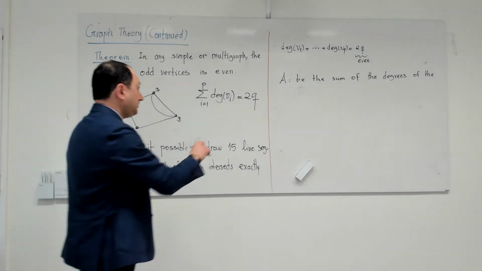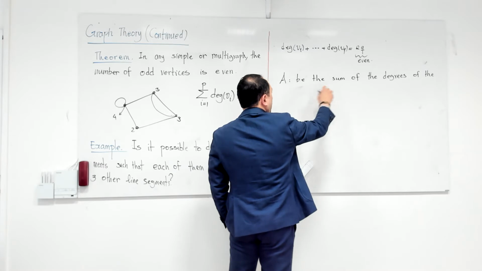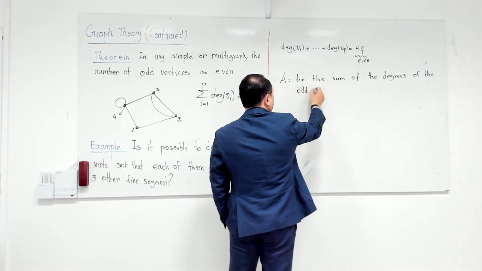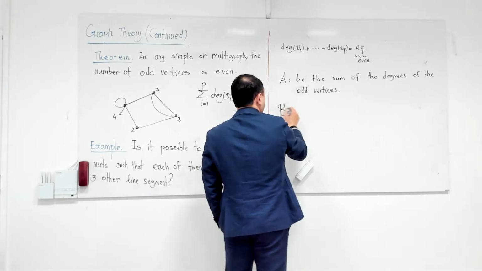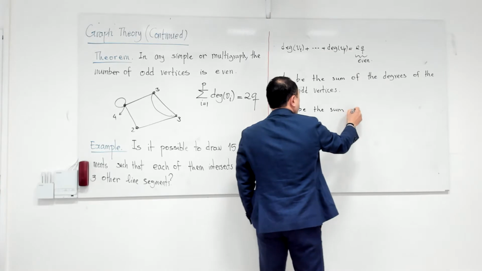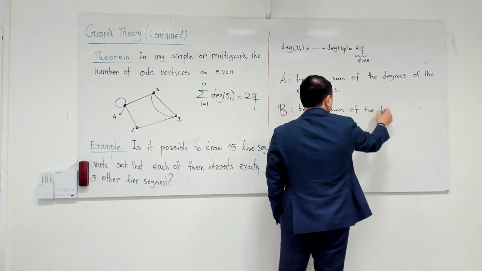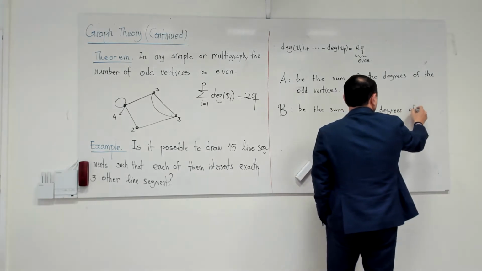Okay. So let A be the sum of the degrees of the odd vertices, and B be the sum of the degrees of the even vertices.